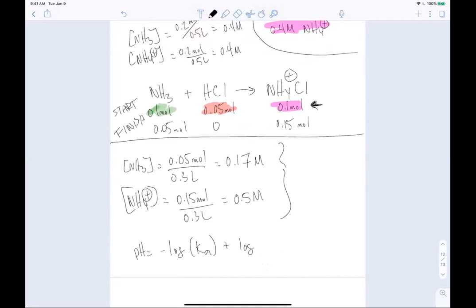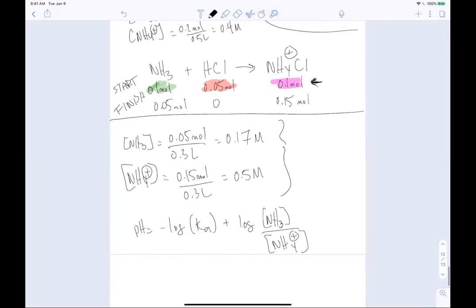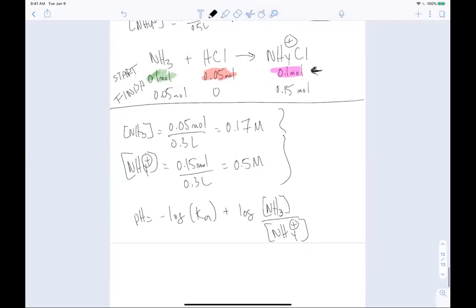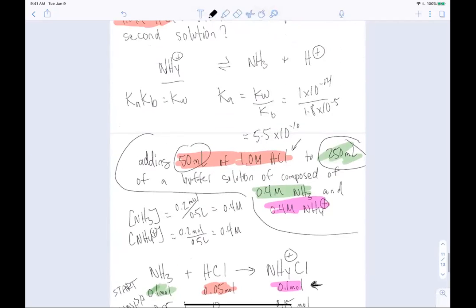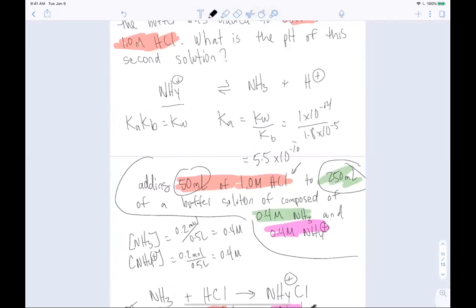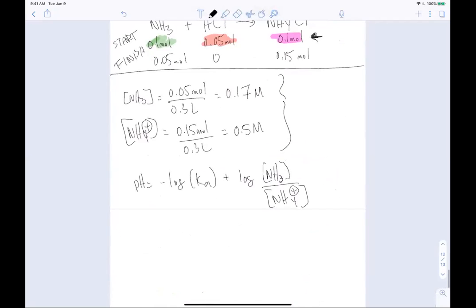The A minus over HA doesn't work super well here because it's not really A minus. This thing's not charged. Ammonia is neutral, but it's still the base over the acid. And so I converted things to the Ka to make it easier at this point.